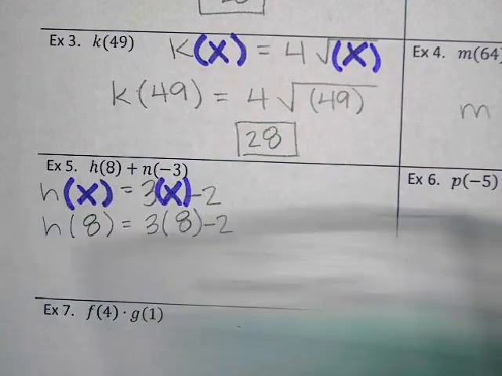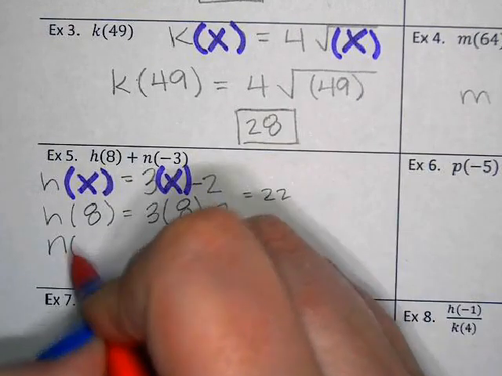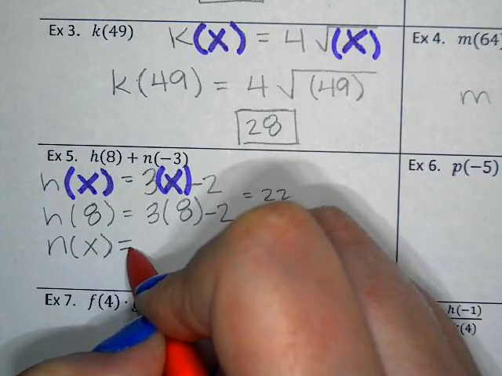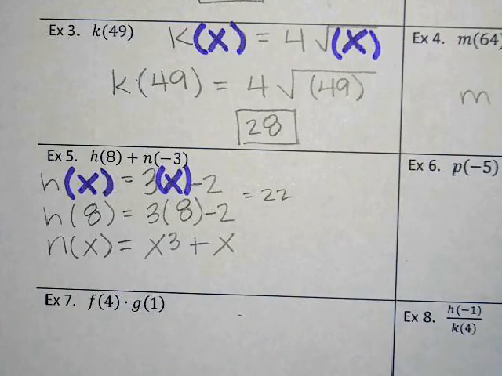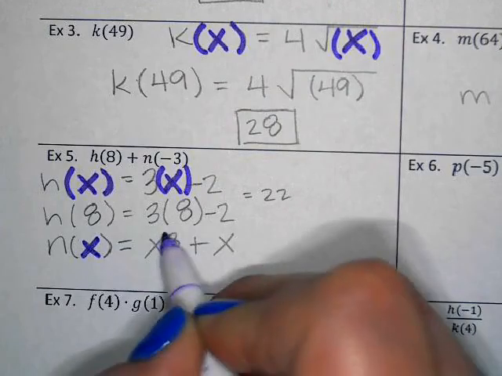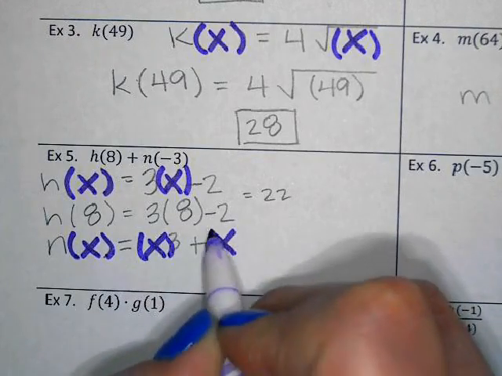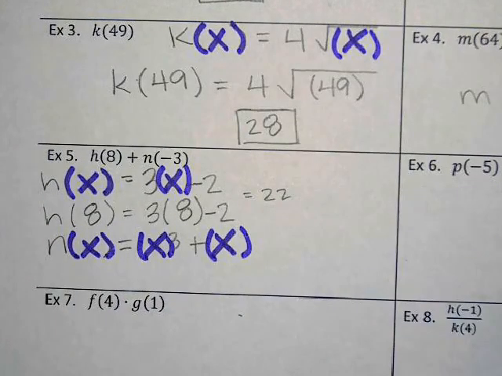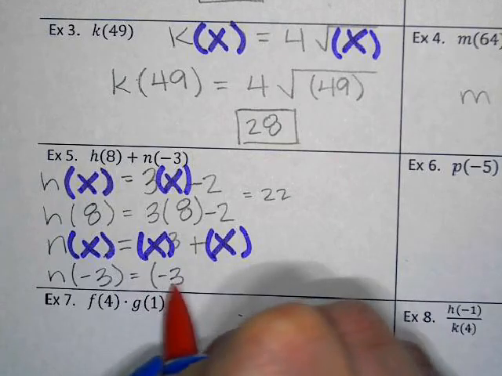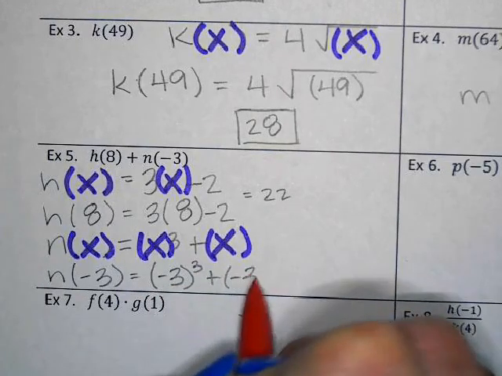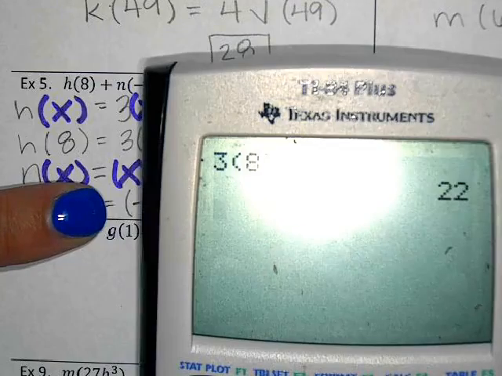And then I have n of x is x to the third plus x. So -3 to the third plus -3.